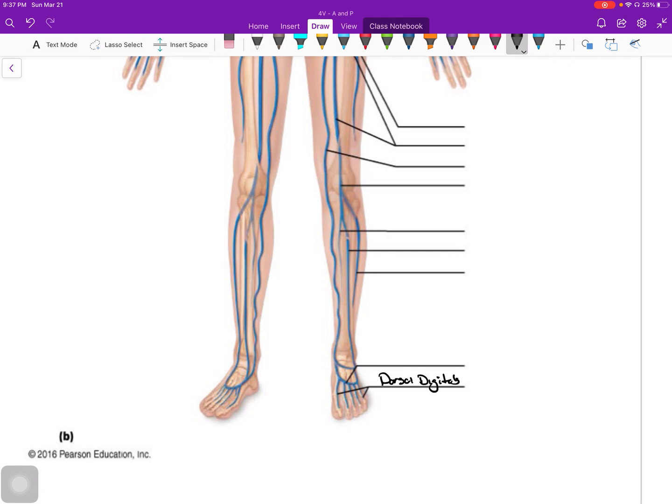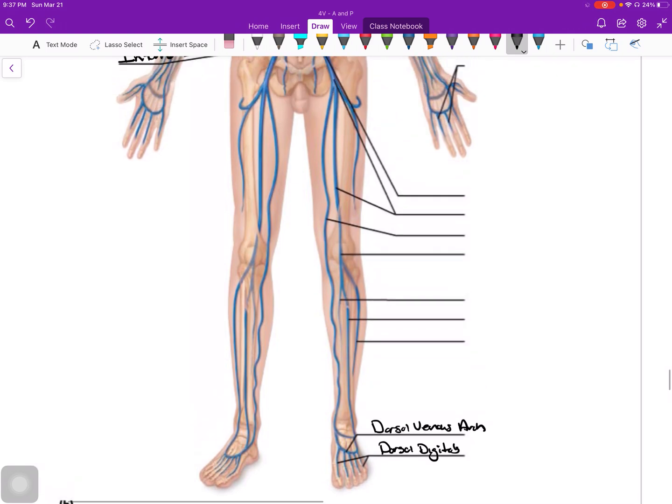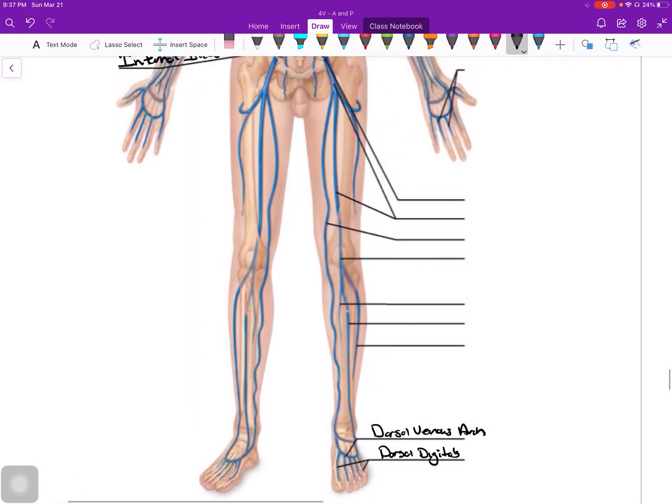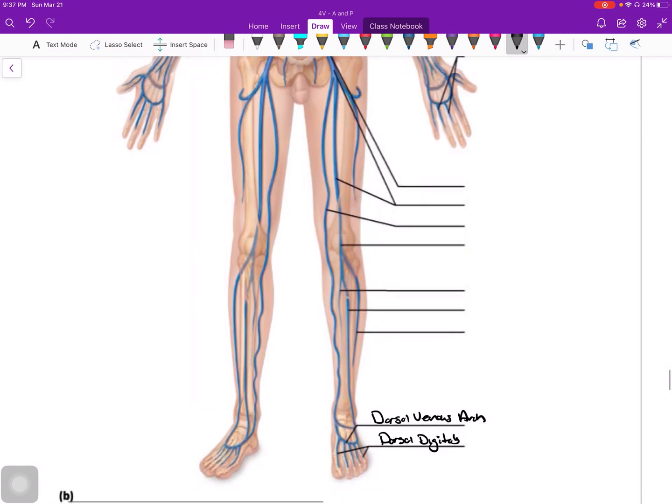I have my dorsal venous arch. I have my anterior tibial. I have my femoral.